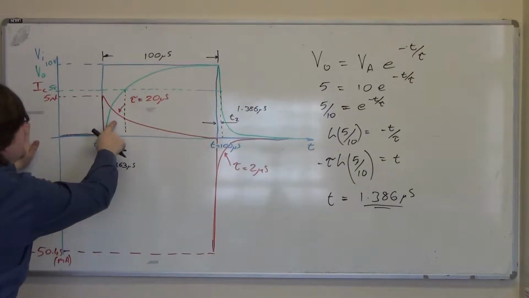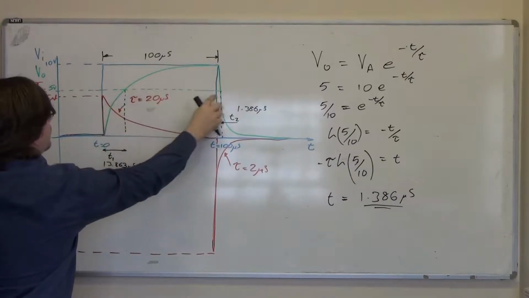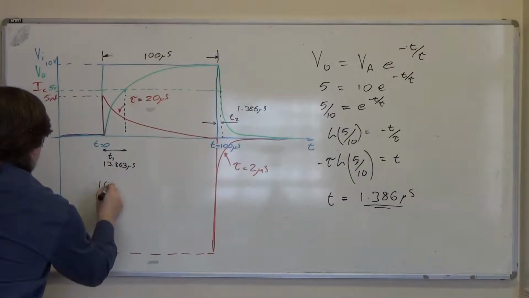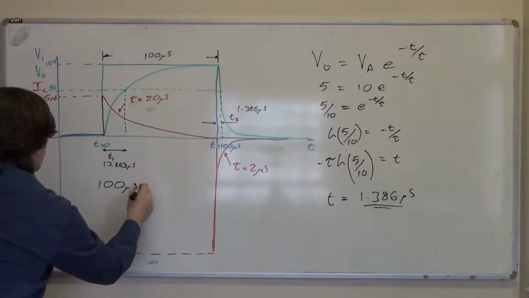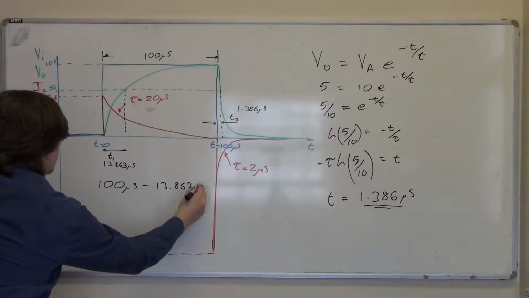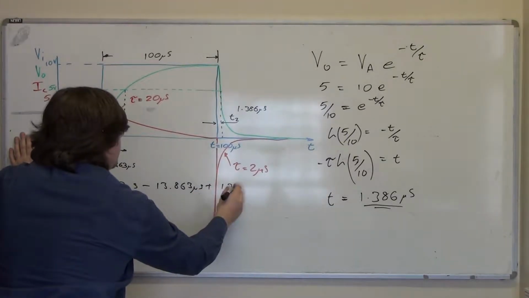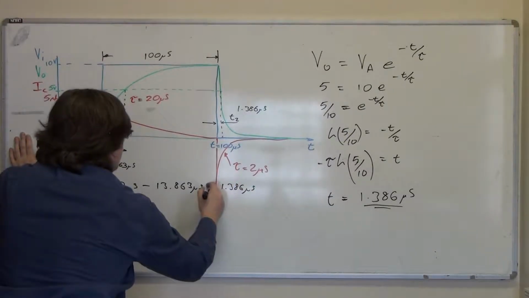So we've got 100 plus that bit less that bit to get from here to there. So we'll do 100 microseconds minus 13.863 microseconds plus 1.386 microseconds.